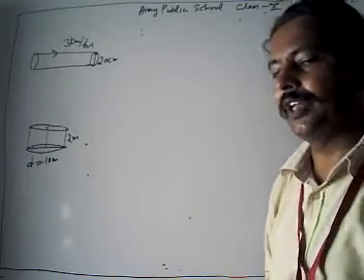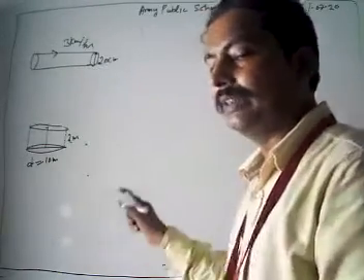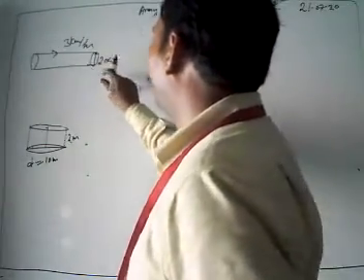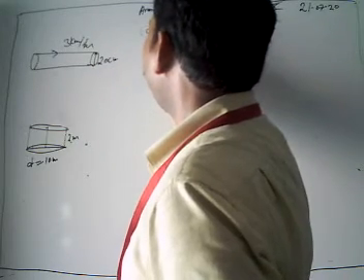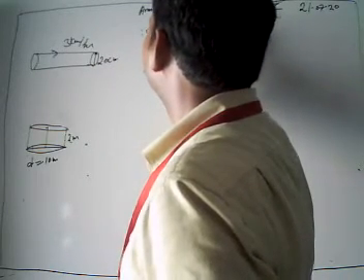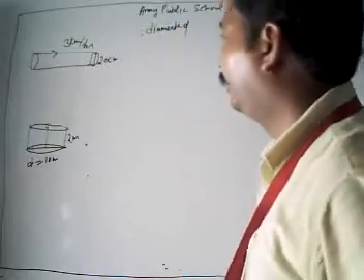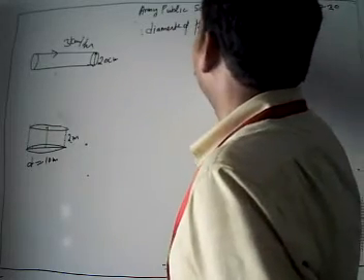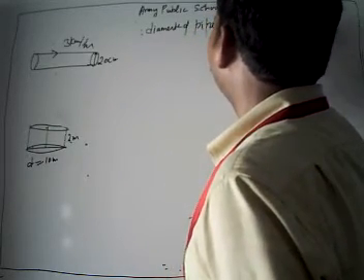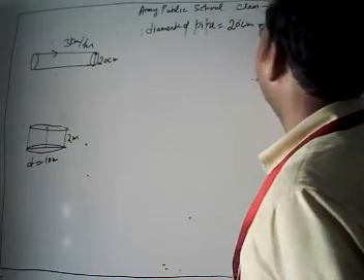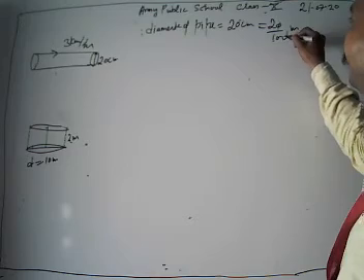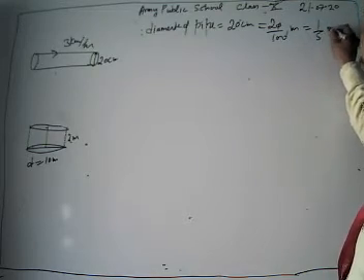First of all we are going to find the volume of water flowing through this cylindrical pipe. Now look, the diameter of the pipe is 20 centimeter. In meter that is 20 by 100 meter, which means 1 by 5 meter.